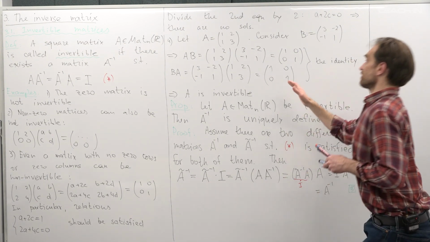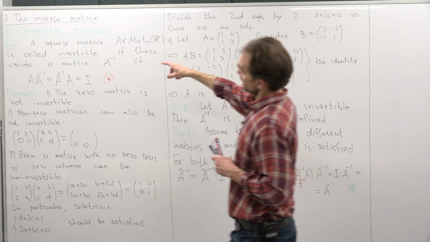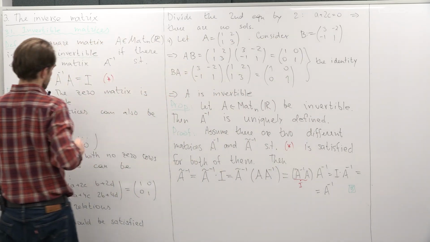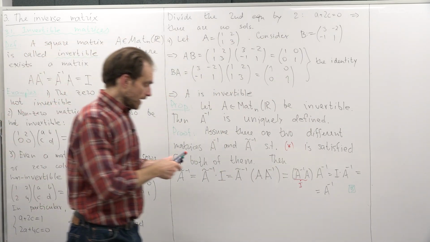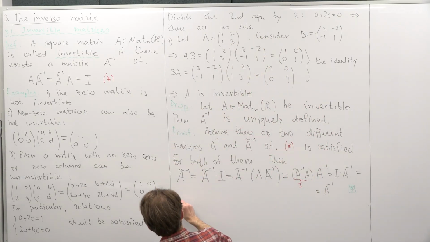So now we know that a matrix with this property is uniquely defined, and we can give another definition.